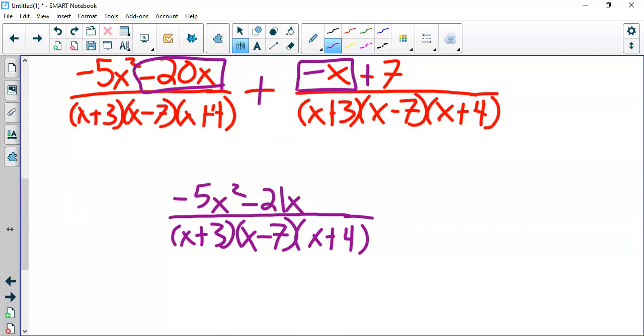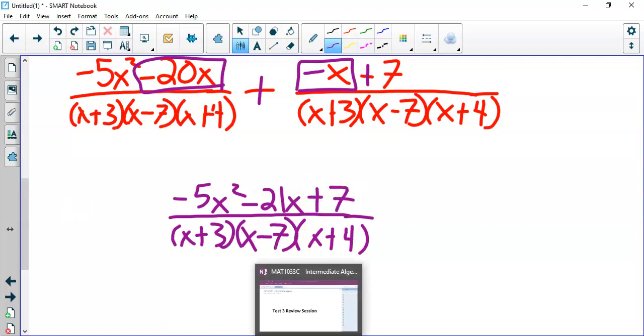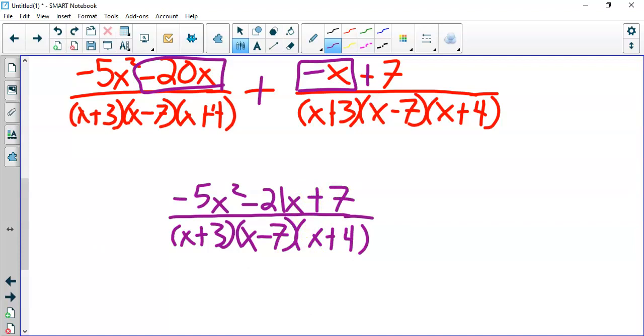And then a plus 7. Okay, remember you combine like terms across the top. No one got together with the x squared, but the two x's get together, become the negative 21x, and then that 7 just comes along for the ride. Now is the time where you want to try and factor and cancel. When it comes to adding and subtracting, you factor and cancel at the very end after you have done all the adding and subtracting.